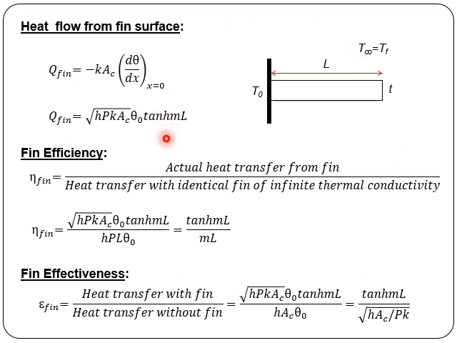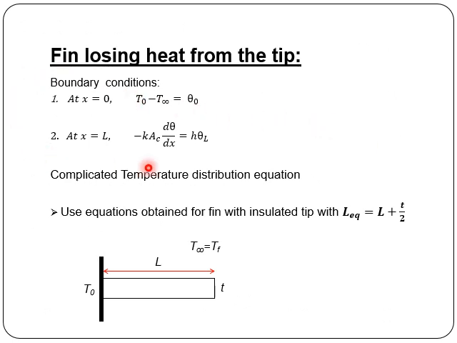Now this is the analysis of a fin with an insulated tip. What about other configurations? Suppose I remove the insulation from the tip, there will be convection and it is beneficial. But if you use the boundary conditions for a fin which is losing heat from the tip, you get very complicated temperature distribution equations and expressions for fin effectiveness and the other parameters.